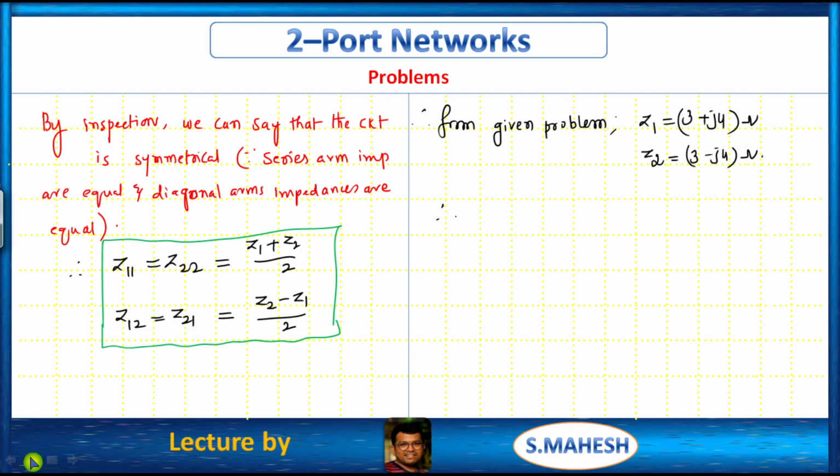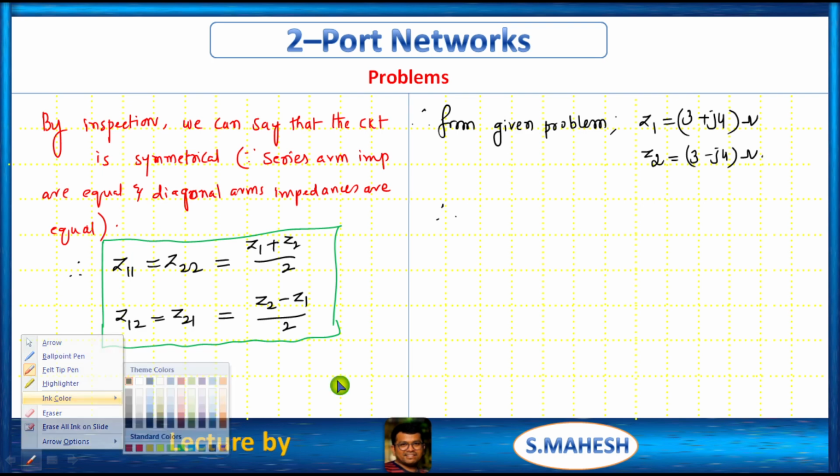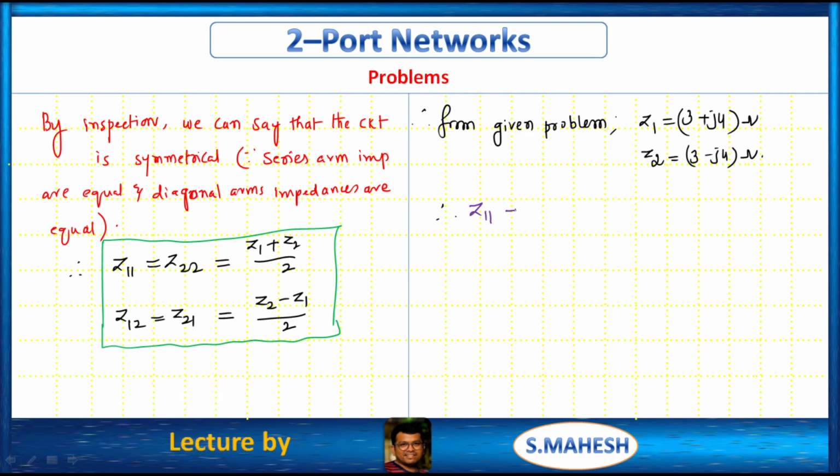Therefore, Z11 we have to calculate, right? Z11, which is equal to Z22, which is equal to Z1 plus Z2 by 2, that is 3 plus J4 plus 3 minus J4 by 2.